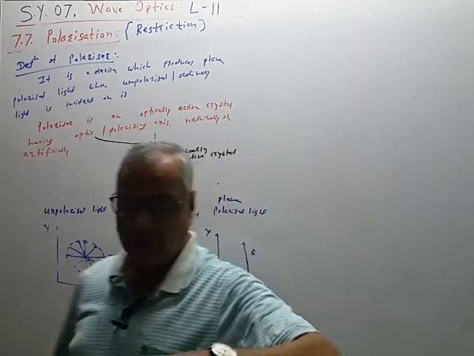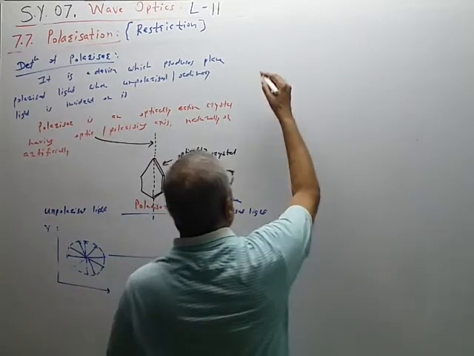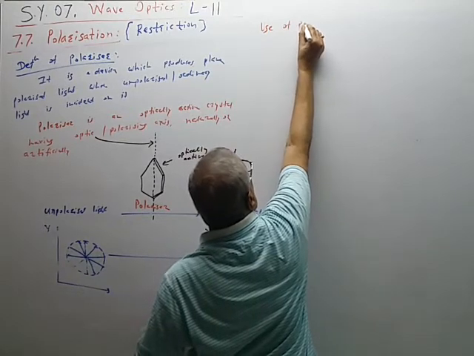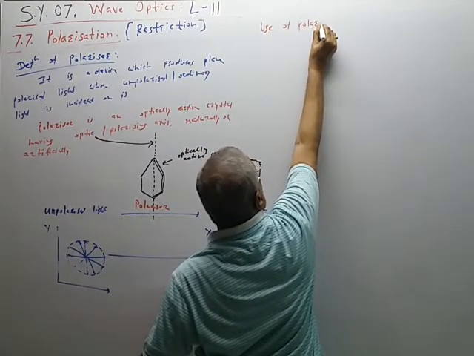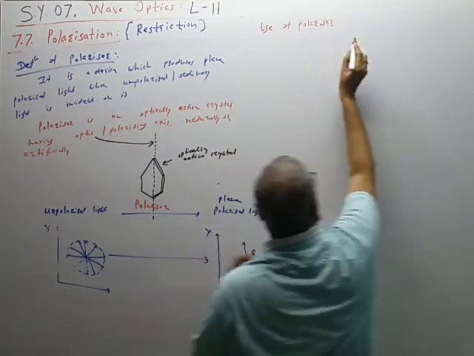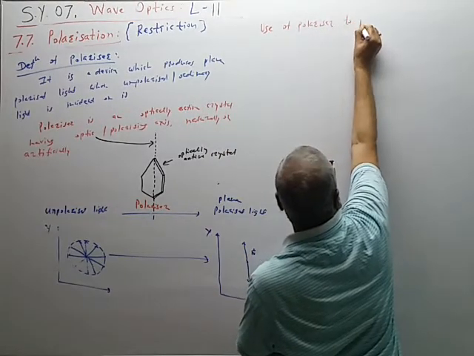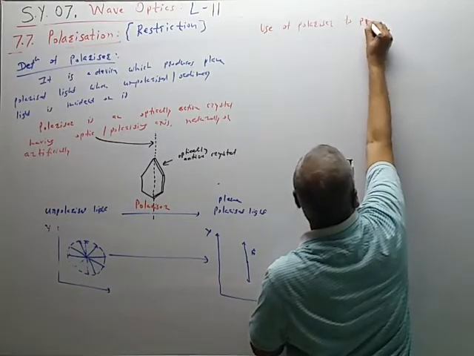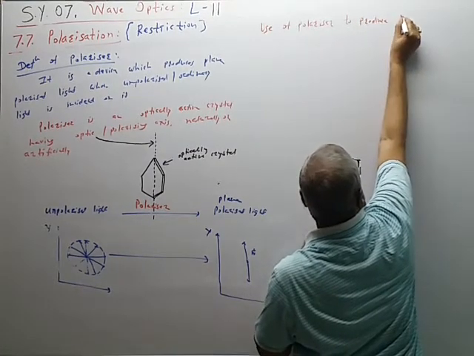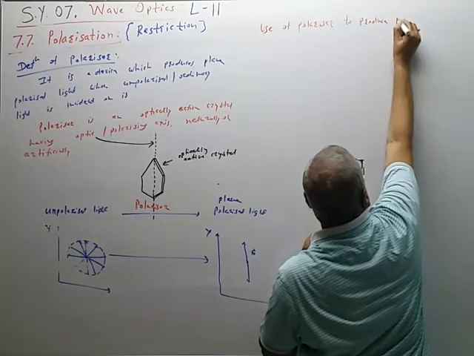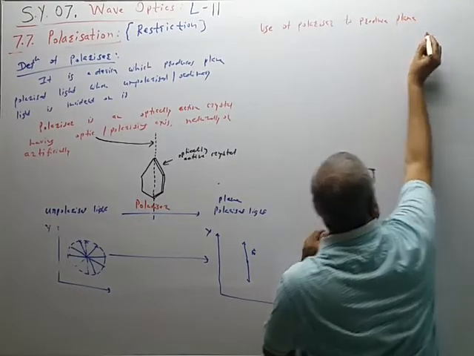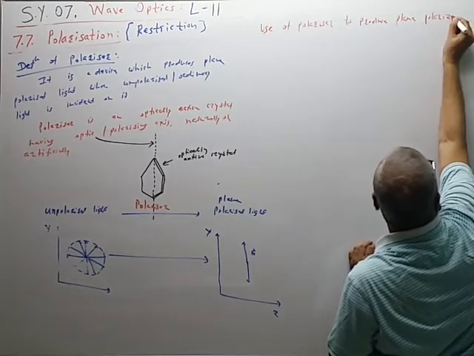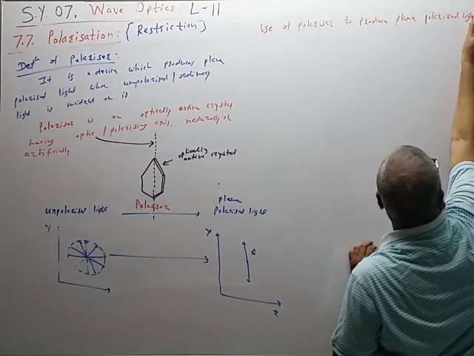So we will explain that: the use of a polarizer to produce plane polarized light.